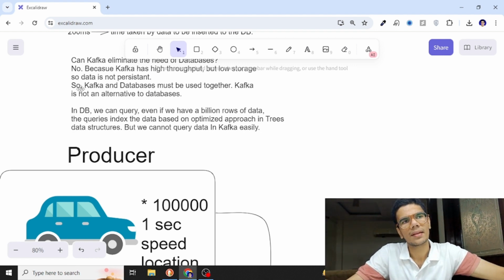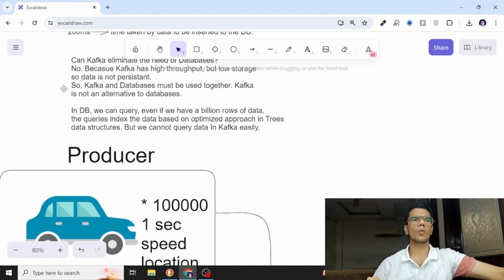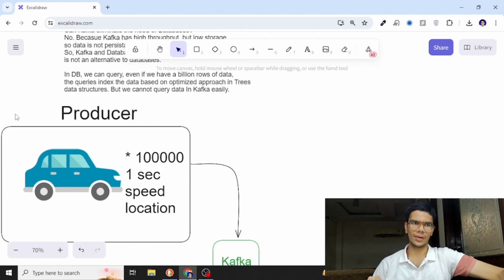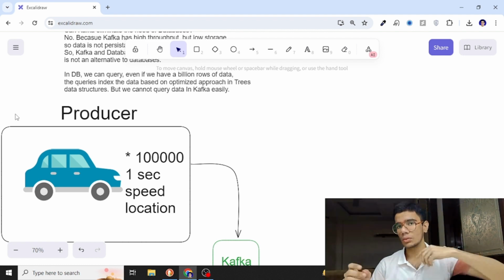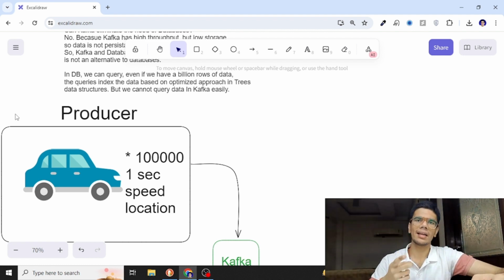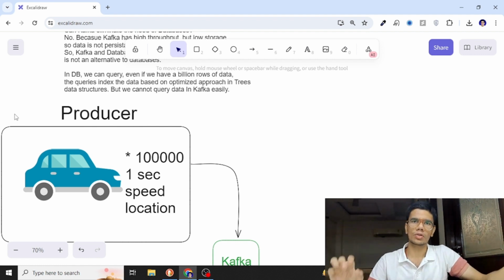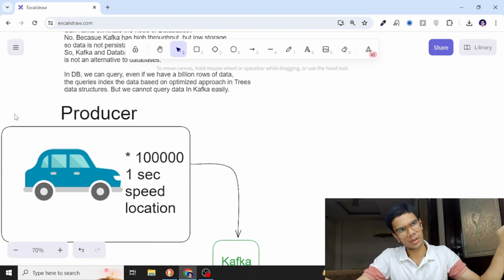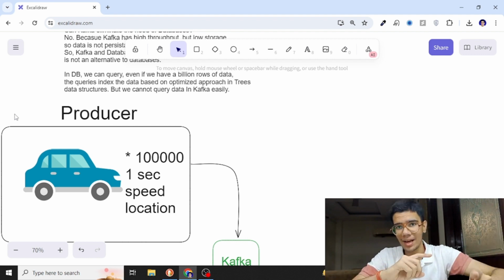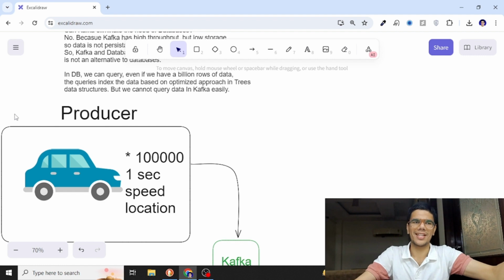That is the way by which the rows are queried in the database, but that cannot be done in Kafka. So queries take a lot of time, and hence Kafka has some downsides as well. You can easily throughput data, like insert data and pass it through, but it cannot be stored. So databases can be used for storage, while once the data is to be transferred or displayed in real time, there Kafka shows its magic.